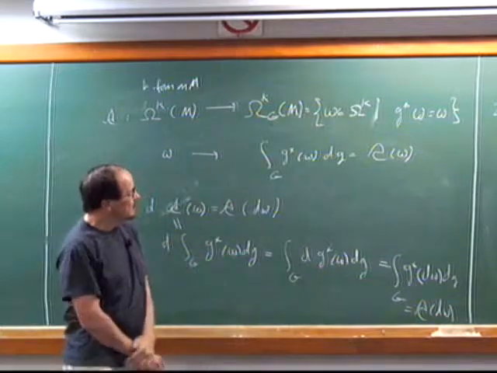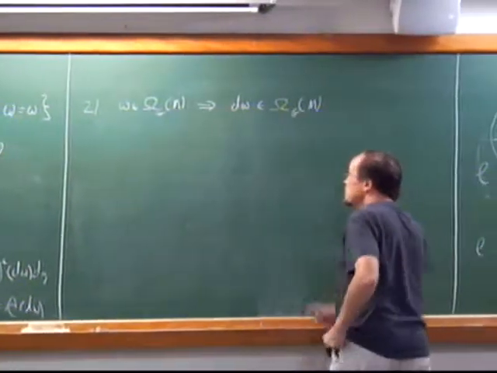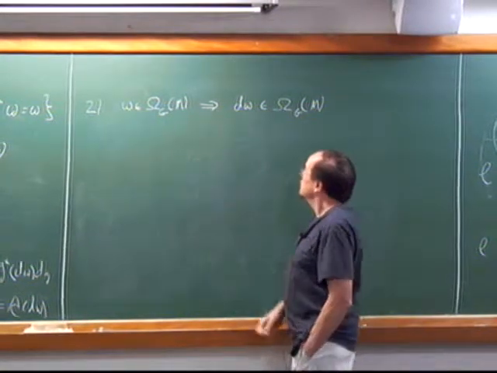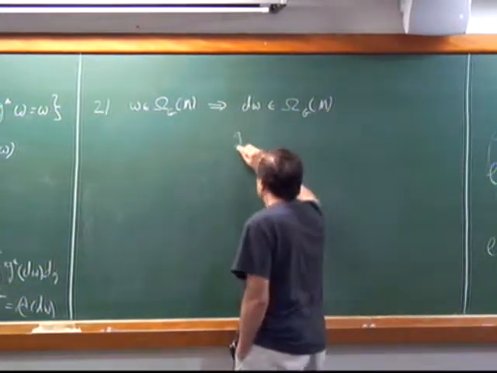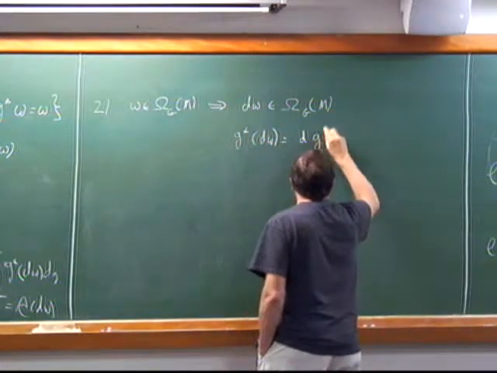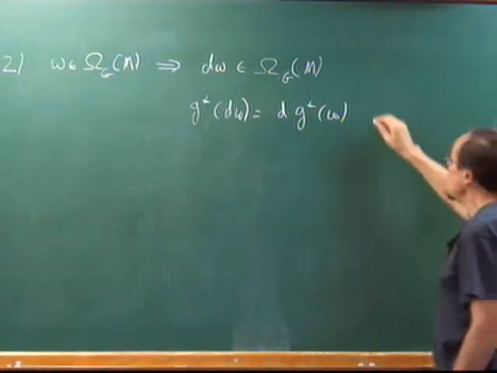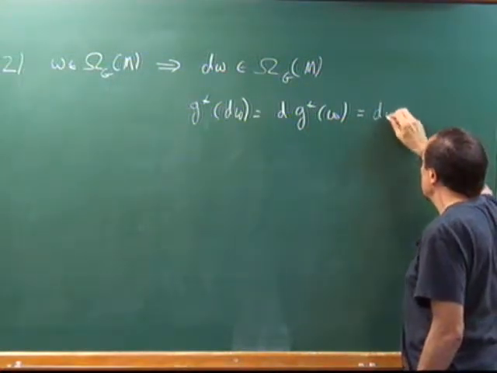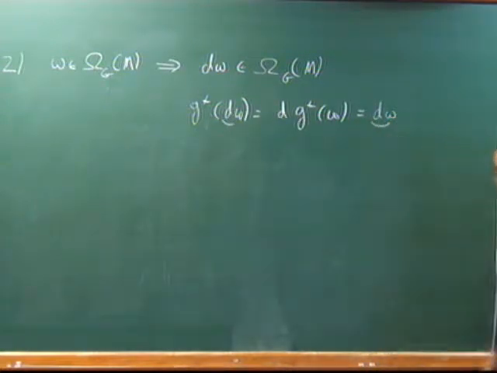The usual kind of way that we do this. The average is G invariant. But if I have something that's G invariant already, then I claim d omega is also G invariant. Again, clear, because g star d omega is d of g star omega. So if omega is G invariant, that's the same thing as d omega, which means that d omega is also G invariant. So that's also clear.